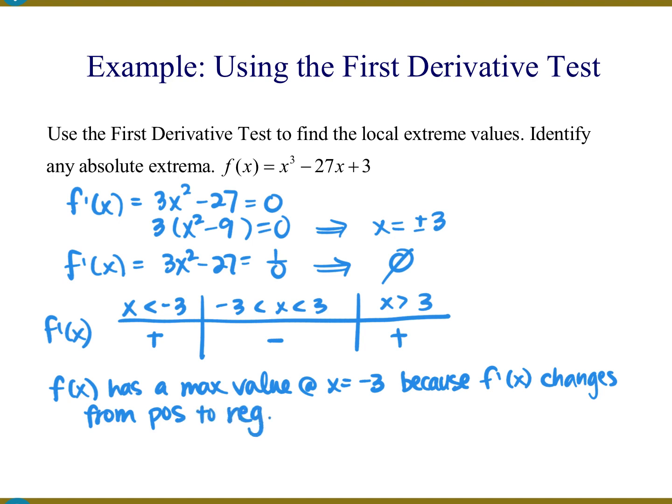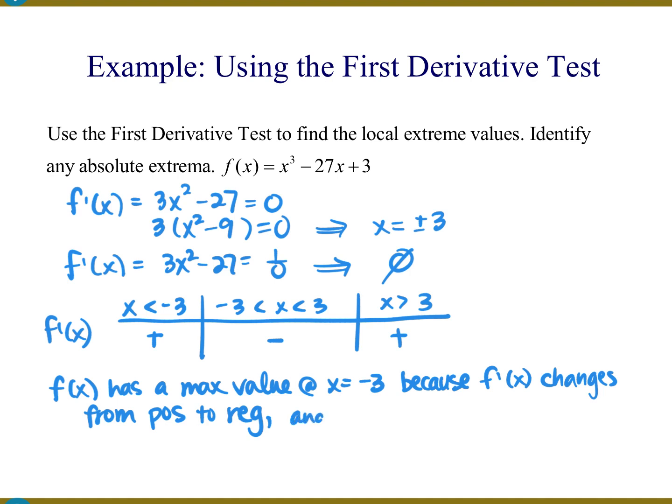Don't say f prime changes from increasing to decreasing. F prime is not changing from increasing to decreasing. F itself is changing from increasing to decreasing, but f prime is not. F prime is changing nature from positive to negative.